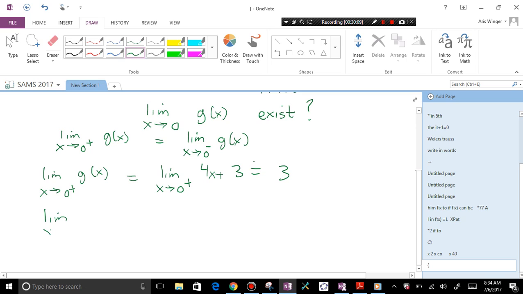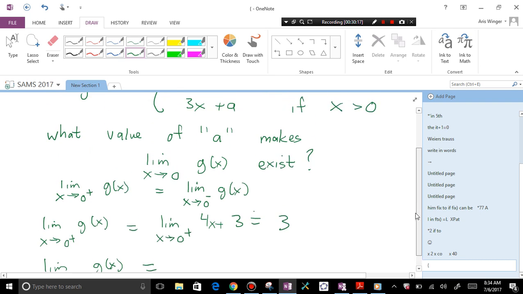The limit as x tends to 0 from the left of g of x is equal to, let's make sure that's right.